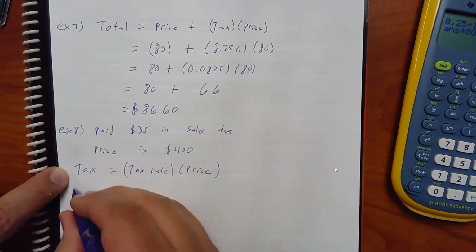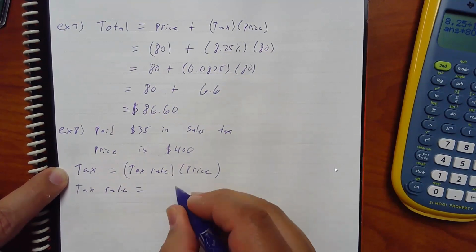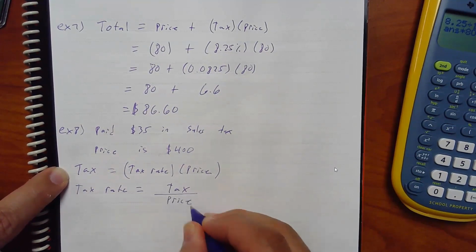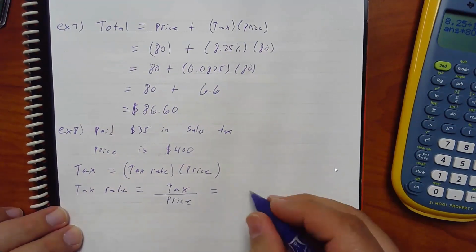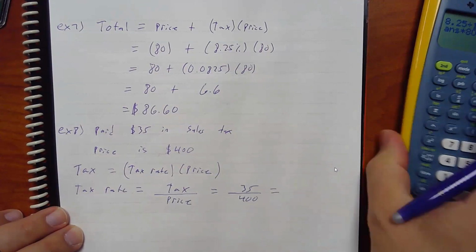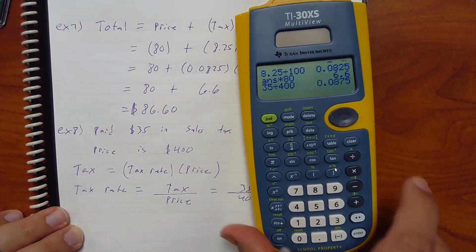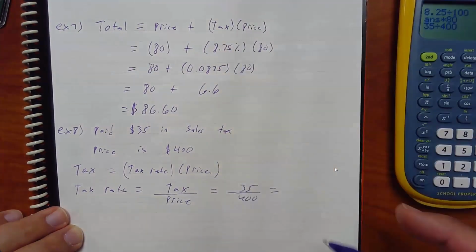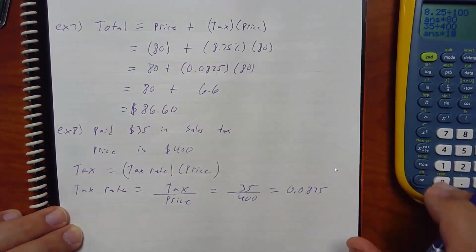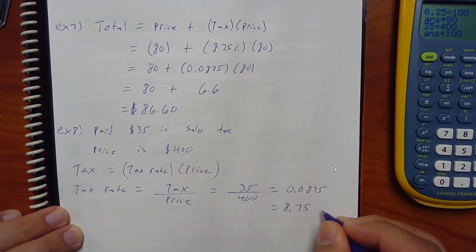So divide by price, and we get tax rate equal to the tax divided by the price, which in this case would be $35 divided by 400. So this is my rate: 0.0875. As a percent, you multiply by 100. So that is 8.75%.